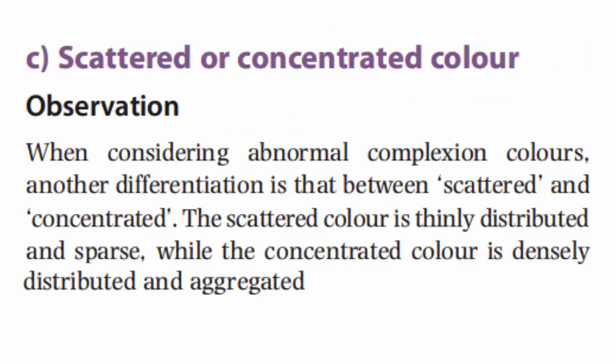Now let's go to scattered or concentrated color. Observation. When considering abnormal complexion colors, another differentiation is that between scattered and concentrated. The scattered color is thinly distributed and sparse, while the concentrated color is densely distributed and aggregated.